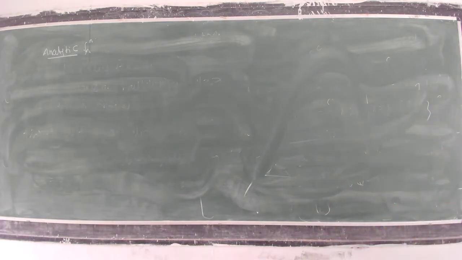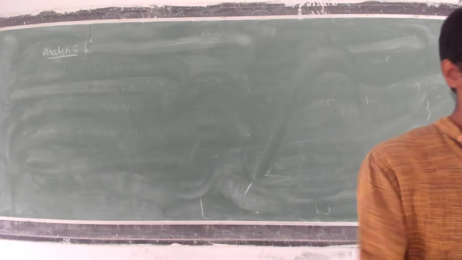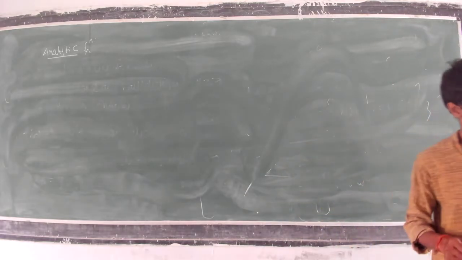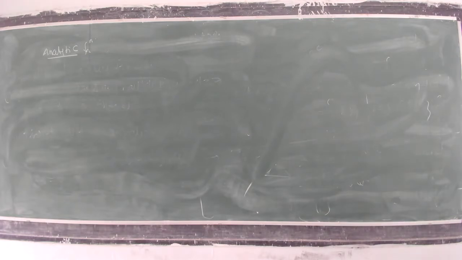Again, let me repeat. We are interested in a function which looks like a disk form, not a single line. We are always interested in a disk, which means it should look like something solid to your eye. That's what we are interested in.